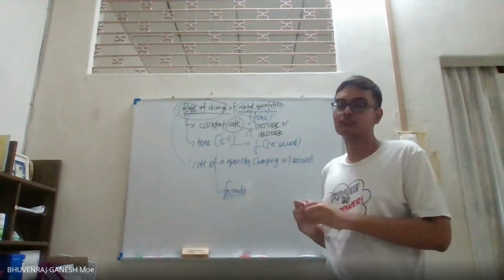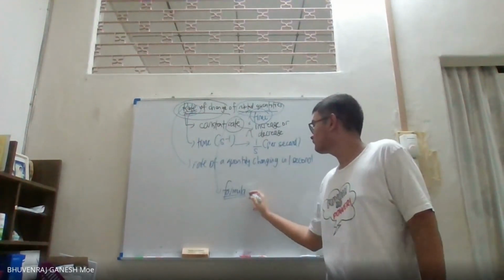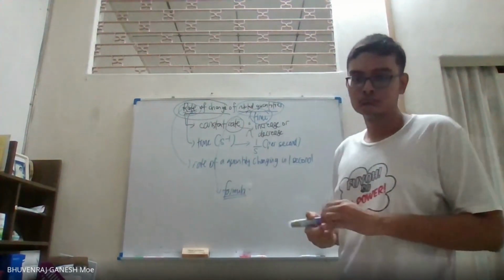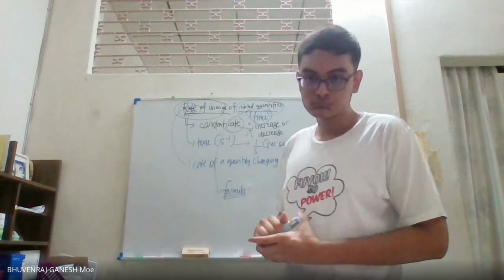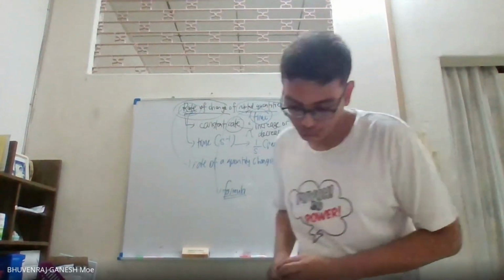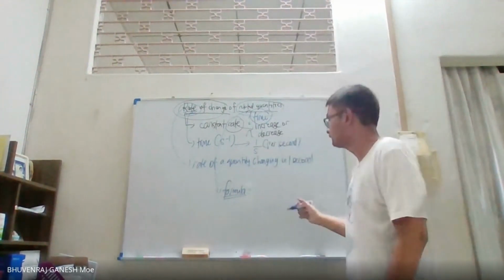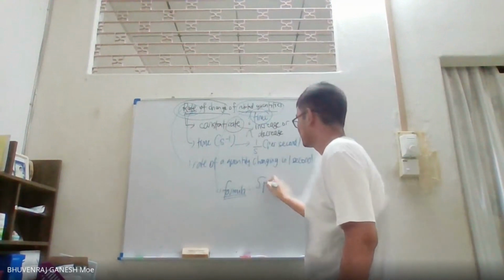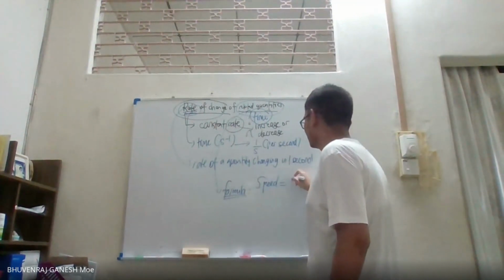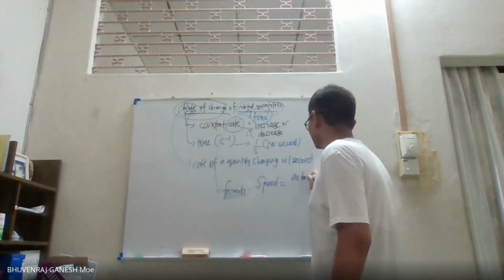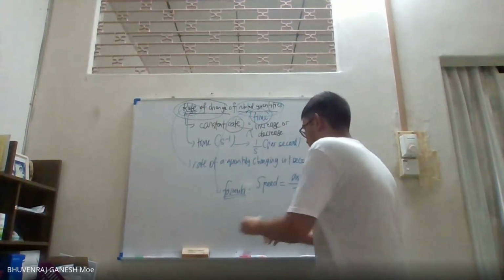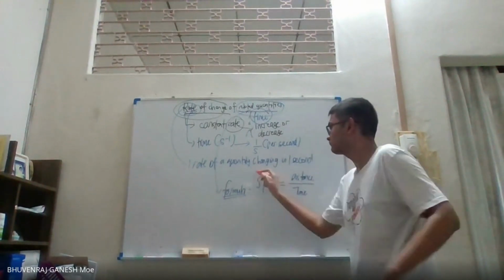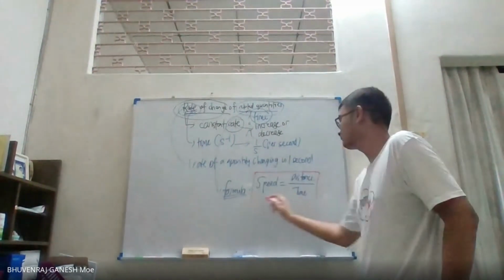So what kind of things do you know? I don't know. Okay, wait, I give an example. Let's say speed. Do you know this formula? Speed is distance over time.